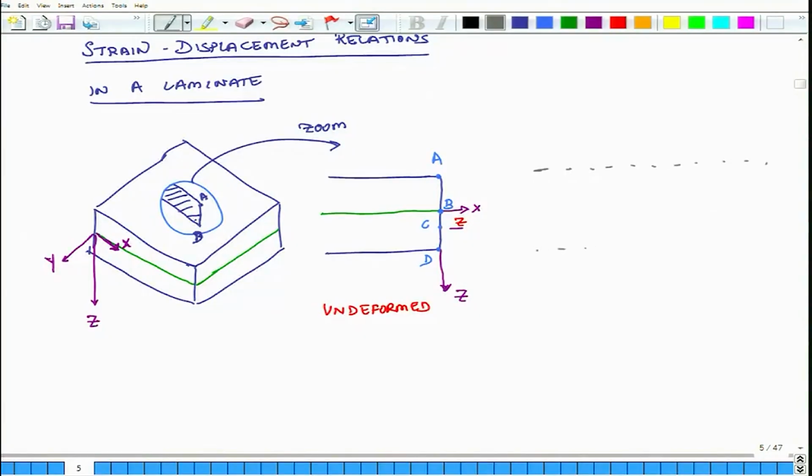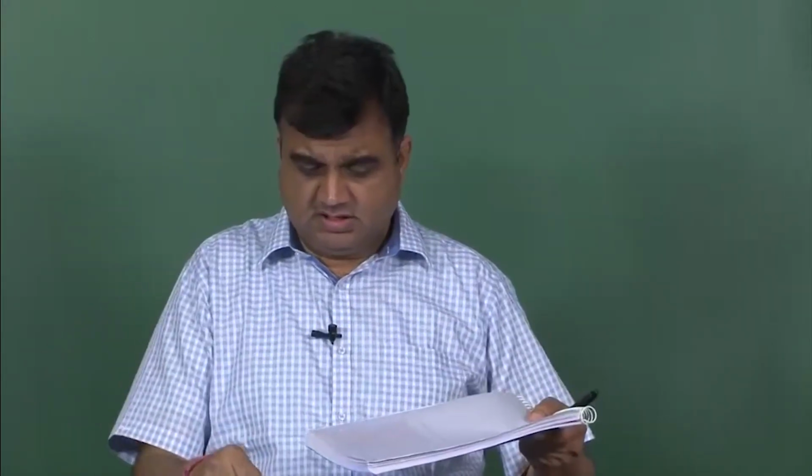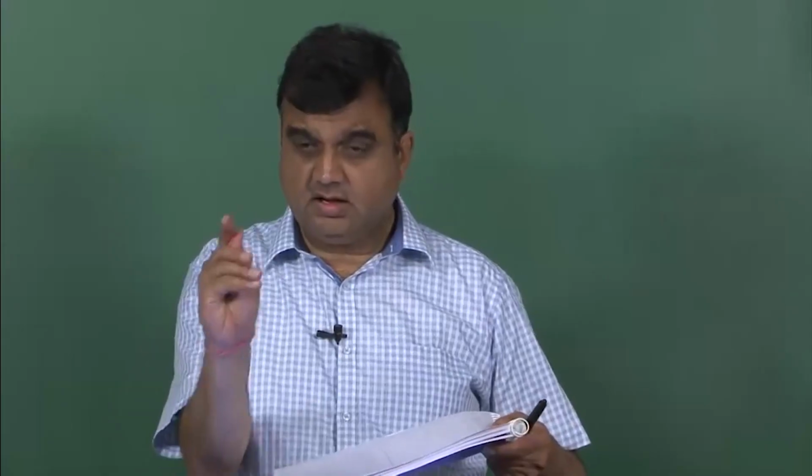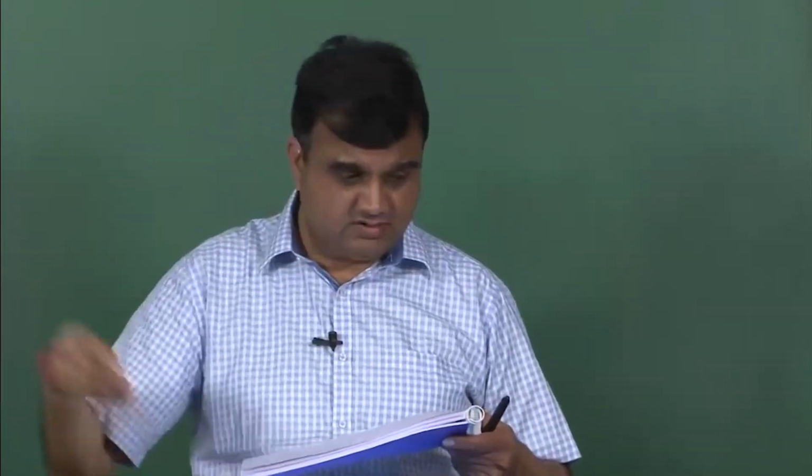These are my original lines. Now, two things can happen. One is I have a plate and I can pull it like this, and as I pull it, this line AD will just move horizontally in the x direction.